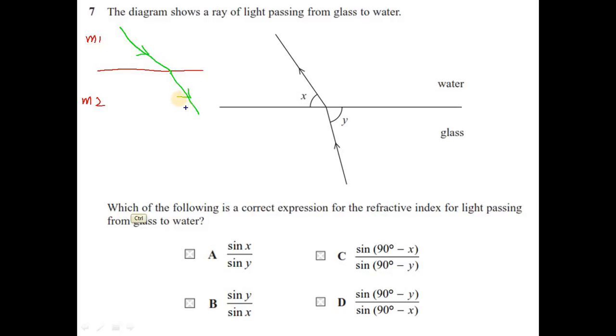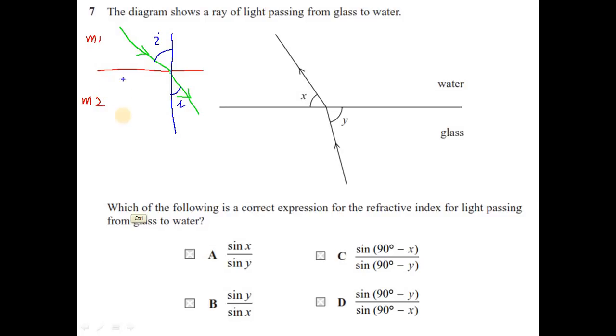So remember, this is the normal line, this is the incident angle, and this is the refracted angle. Angles are always measured from the normal line.